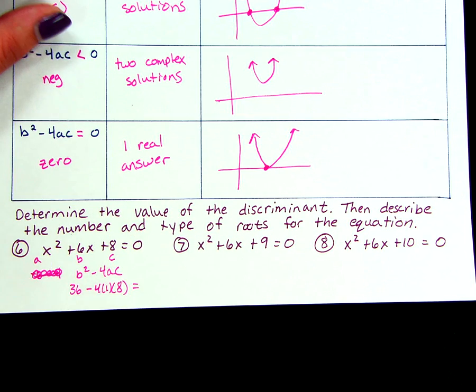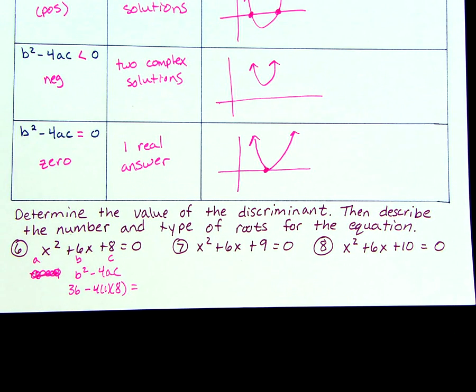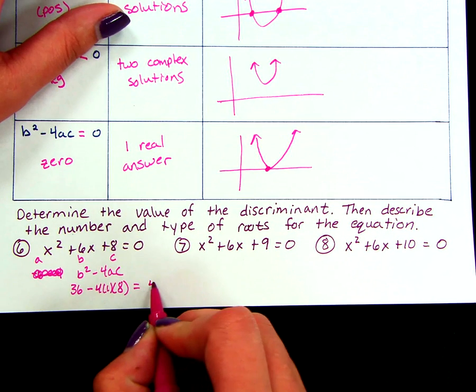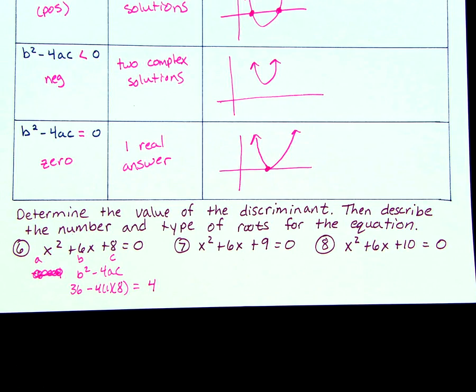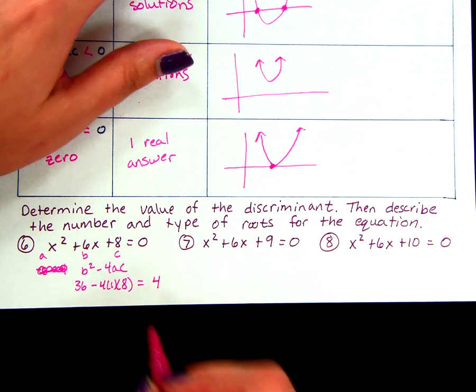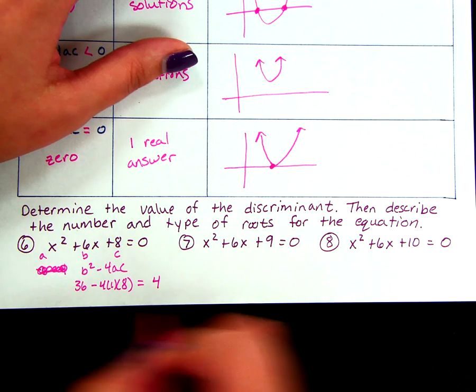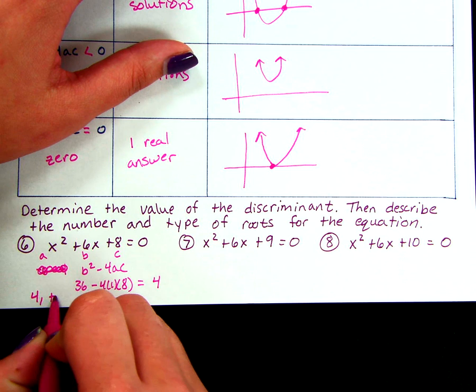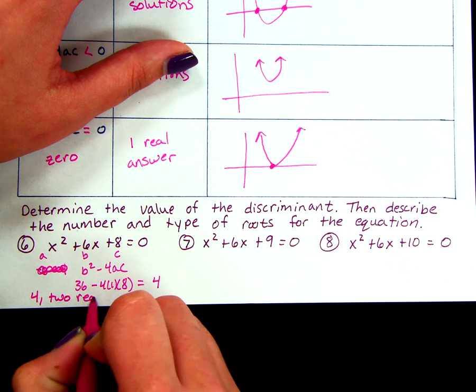I'm just going to type that right into my calculator. So 36 minus 4 times 1 times 8 is 4. So my discriminant is 4, and that means that we are going to have 2 real answers since it's positive.